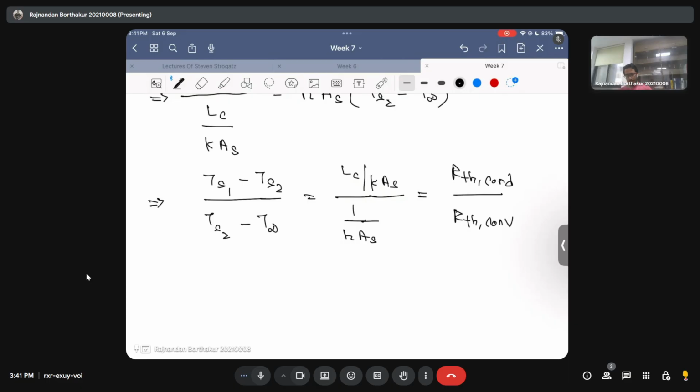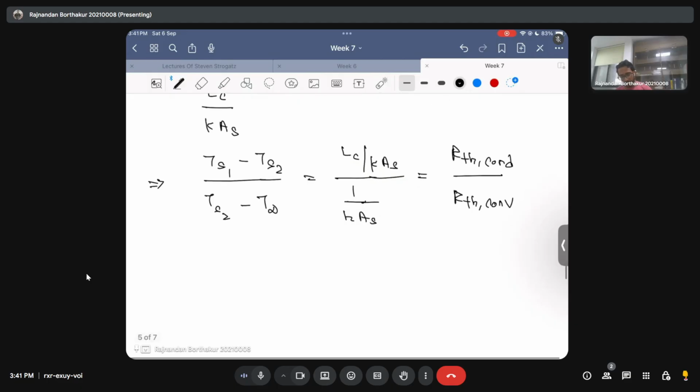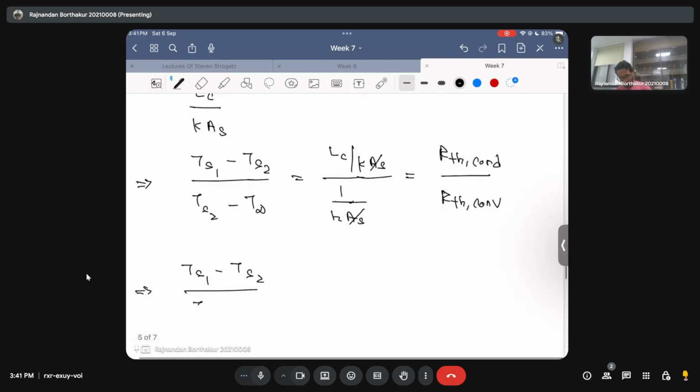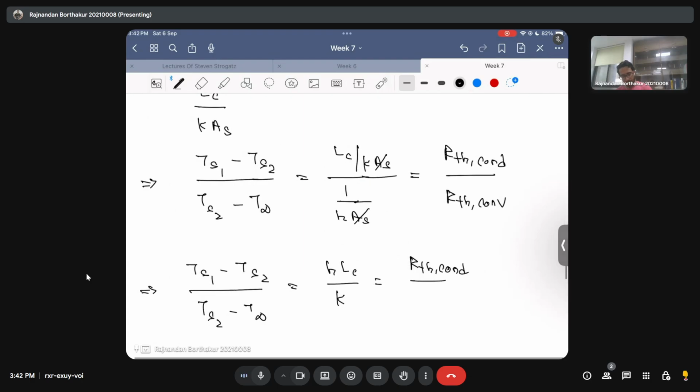Okay, and if you simplify this, it becomes TS1 minus TS2 by TS2 minus T infinity, which is equal to H LC by K, and this is RTH, which is nothing but the resistance due to conduction to the resistance due to convection.